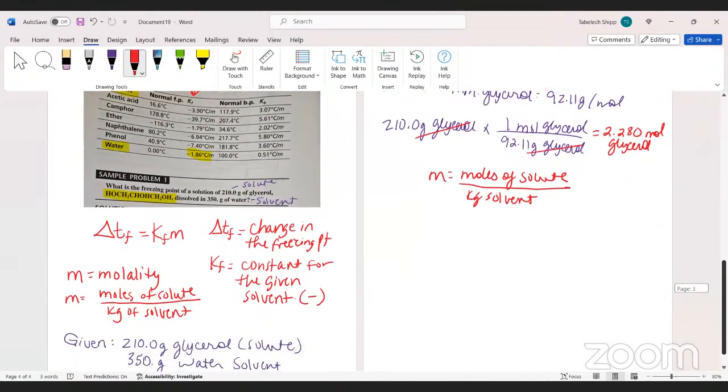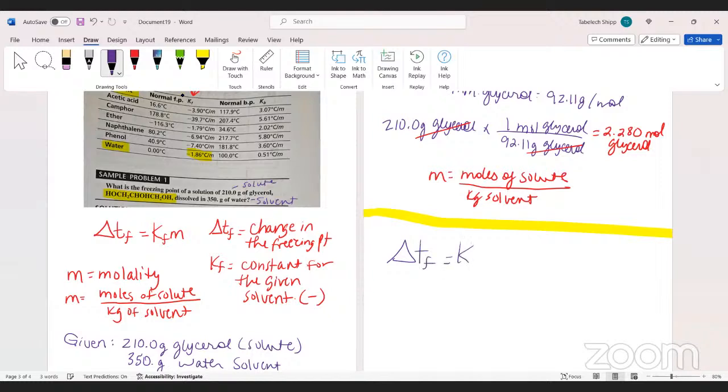So right here, I'm going to put the formula in this space below the yellow line: delta TF equals KF times molality. So my freezing point that we're looking for is going to be negative 1.86 degrees Celsius per molality unit times 2.280 over 0.350 kilograms.